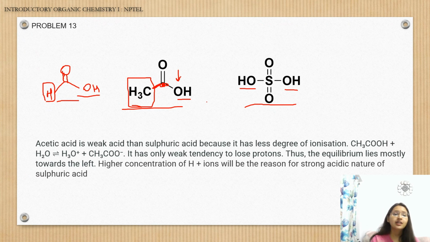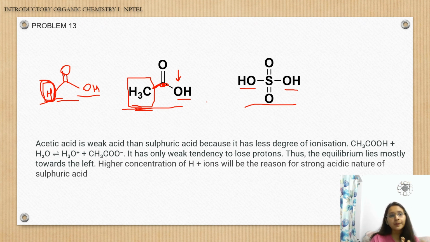So if you move towards formic acid, in the case of formic acid, H is not electron releasing. So the electropositivity of the carbonyl carbon is higher in formic acid than in acetic acid, because methyl is electron releasing and releases electrons towards the carbonyl carbon, making the carbonyl carbon less electropositive. That is why formic acid is higher in acidity than acetic acid, because of the electron releasing group present in acetic acid, while hydrogen does not decrease the electropositivity of the carbonyl carbon.